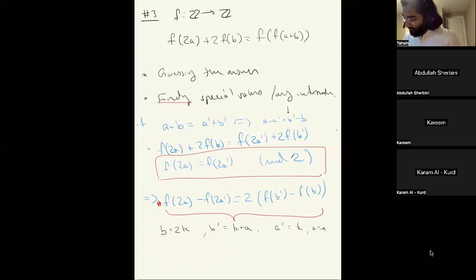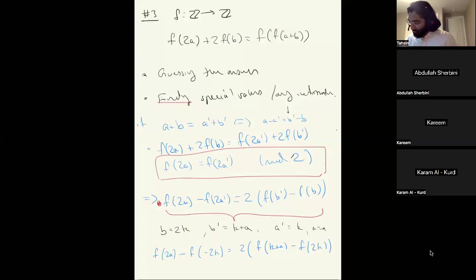And so then what do we get? We get something like f of 2a minus f of minus 2k equals 2 times f of k plus a minus f of 2k.